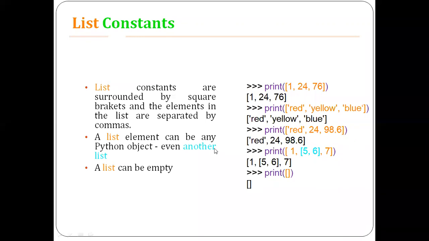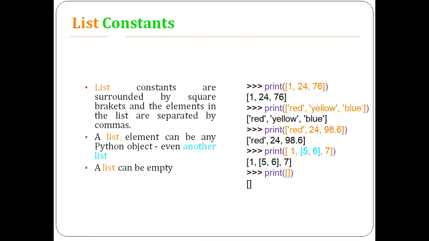And a list element can be another list as well. Look at this one, 1 comma 5 and 6 and 7. This is another example. A list within another list, we generally call the embedded list, and that is also allowed within the list constant.